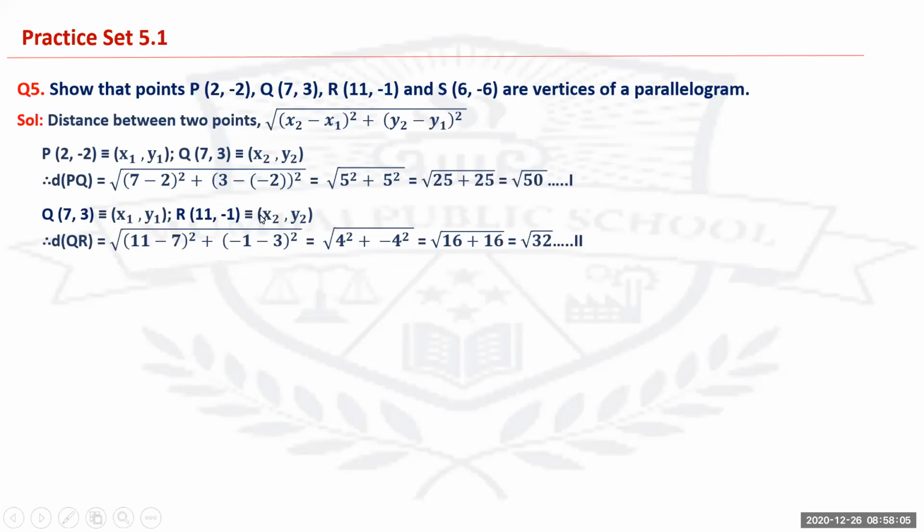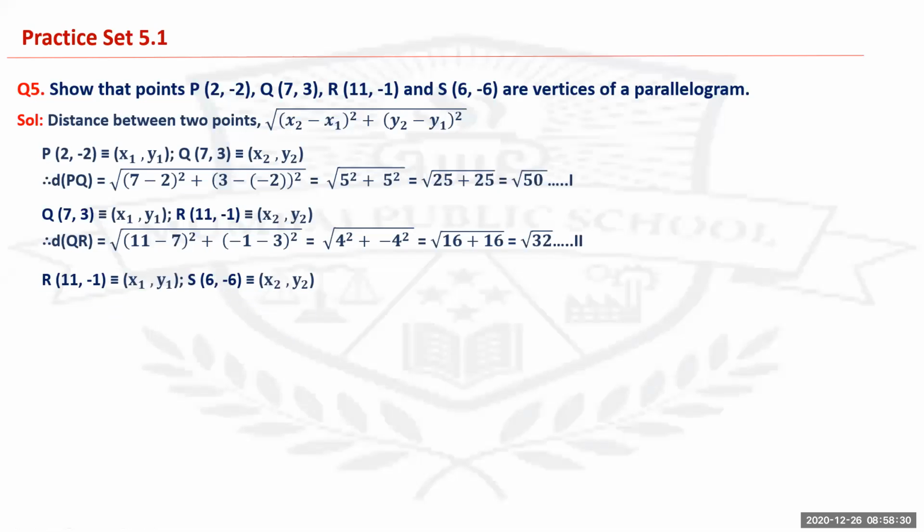Now here 11 minus 7 is 4 square, minus 1 minus 3. Now when both the terms are negative, you add and you give the negative sign. So this is written as minus 4 square. So that is equal to under root of 16 plus 16, that is root 32. We'll give this as equation number 2.